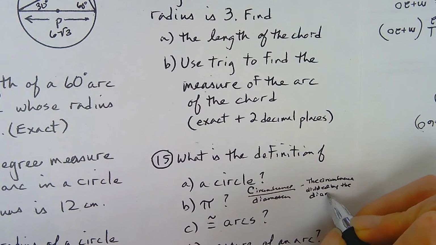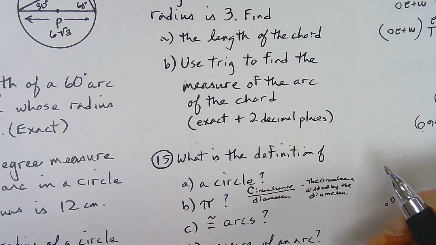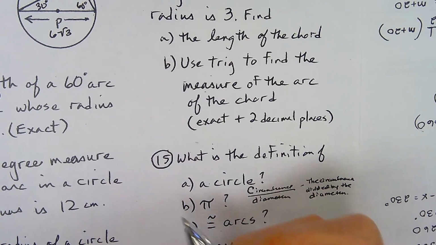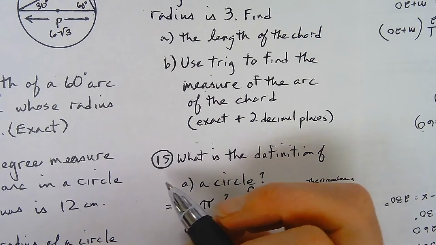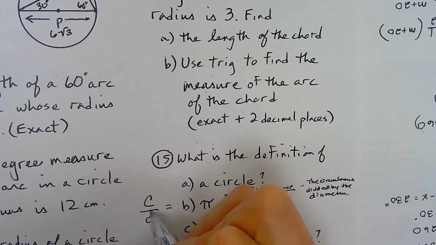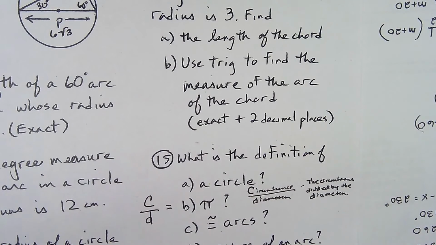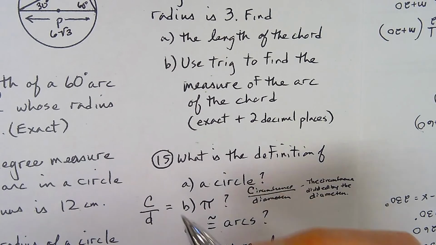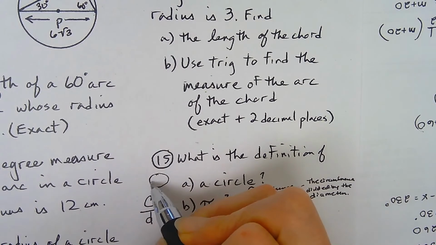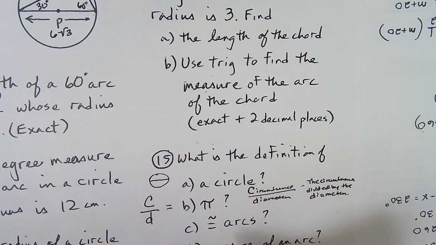We're just going to assume we're talking about the measure here. The key thing to remember here is pi is equal to circumference over diameter. It doesn't matter how big the circle is or how small it is. The circumference of the circle in relationship to the diameter will always be pi.